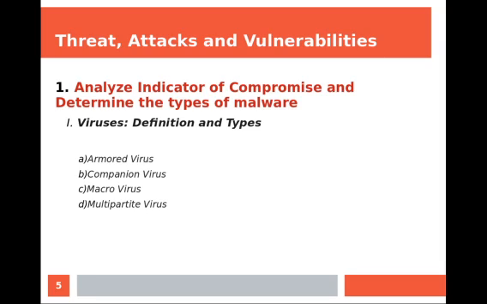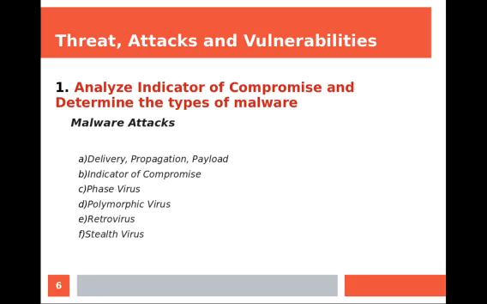Moving ahead with malware attacks. In this we will discuss delivery, how it gets to the target; propagation, how malware is spread inside the computers; and payloads, what malware does once it's there.